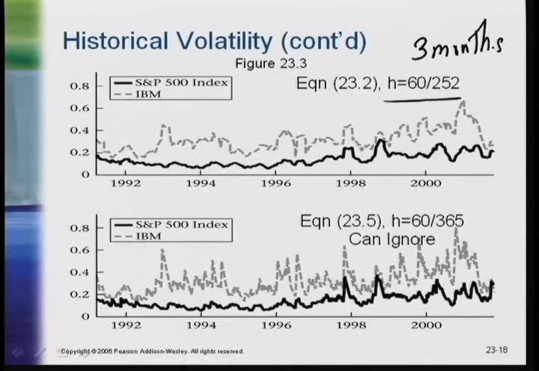Now notice that the way historical volatility is graphed, it's using the approach called moving average. In other words, one would expect that if you were using a period of 3 months, you would only have one data point every 3 months. That from 1994 to 1996, you would have only 8 data points.